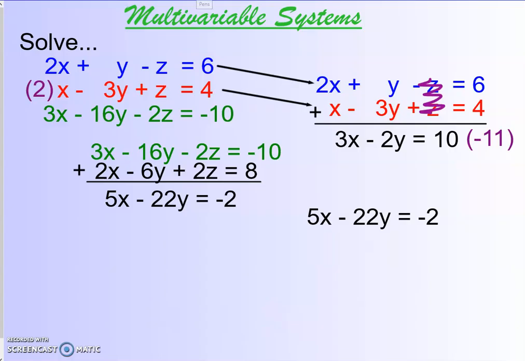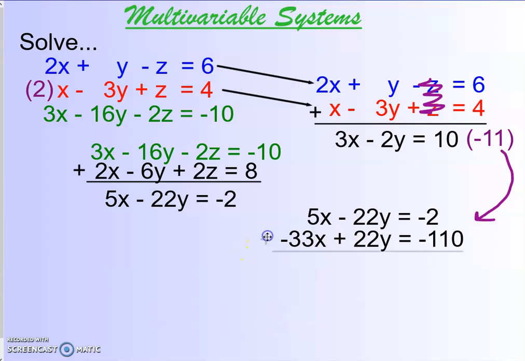So I'll just multiply it by negative 11. And when I do that, it gives me this. And now when I add those two equations together, I get my y's to disappear. Nice. So the y's are gone.